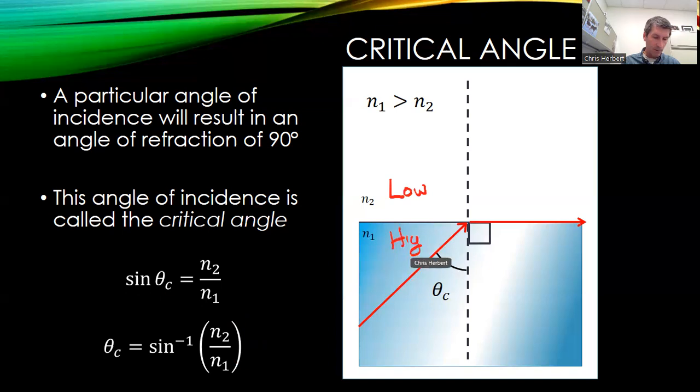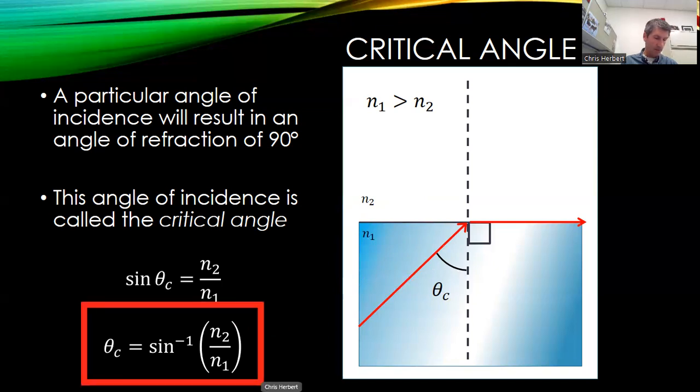The material that we're trying to leave is a higher index material. So again, N2 is lower than N1, and therefore we can get a critical angle. So total internal reflection only happens as we're approaching an interface where the index of refraction is dropping. And again, the critical angle just goes by the arc sine of N2 divided by N1.